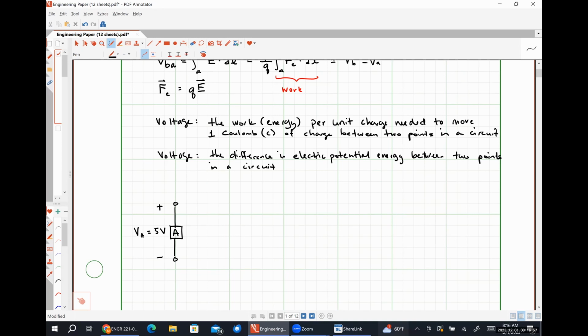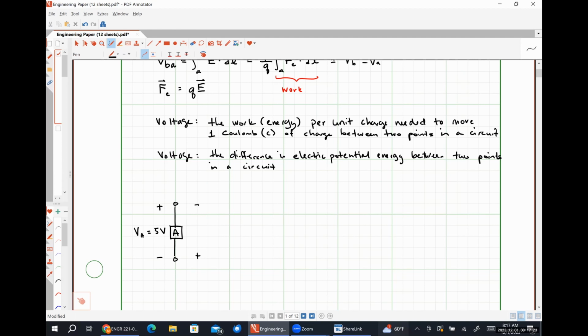Now, what would happen if I flipped the polarity of the voltage drop across this generic element A? Exactly right. If I change the polarity, I'm going to multiply the magnitude by a negative sign, okay?